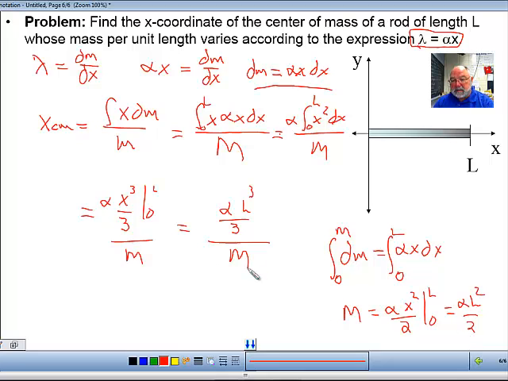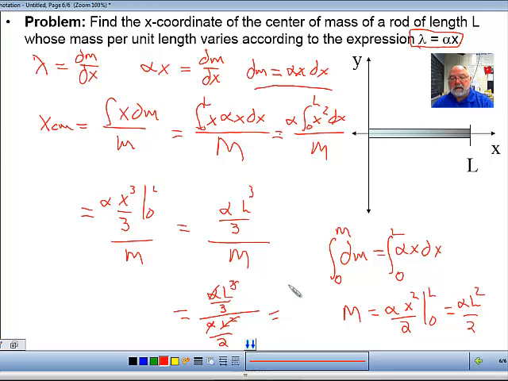Now let's go ahead and plug that back in here for our mass. Okay, so we have alpha L cubed over 3 all over alpha L squared over 2. Well, we can get rid of an L squared and another L squared on the top, leaving behind an L. We can get rid of the alphas.